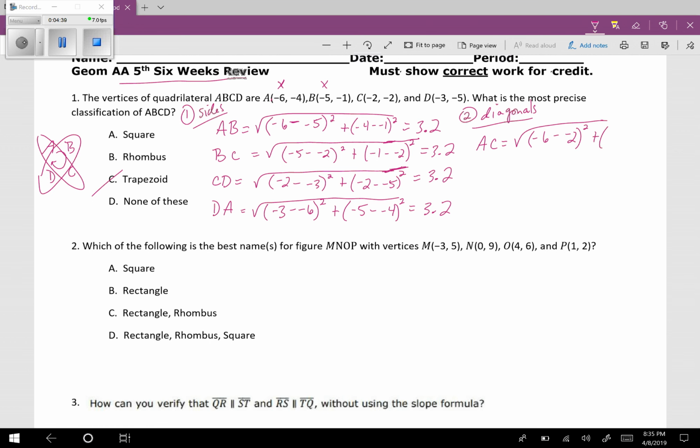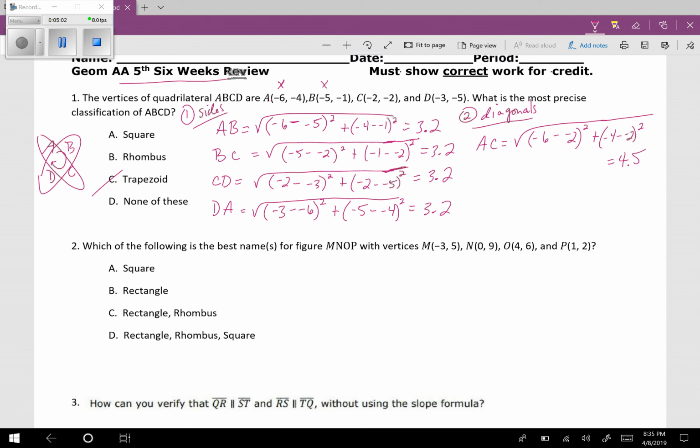Okay, and then we got to do the y's. So it's -4 minus -2 squared. Okay, and when you do this, you get the square root of 20, which that's how I left mine, but y'all are going to get decimals. So square root of 20 is about 4.5. Let me round to the nearest tenth.